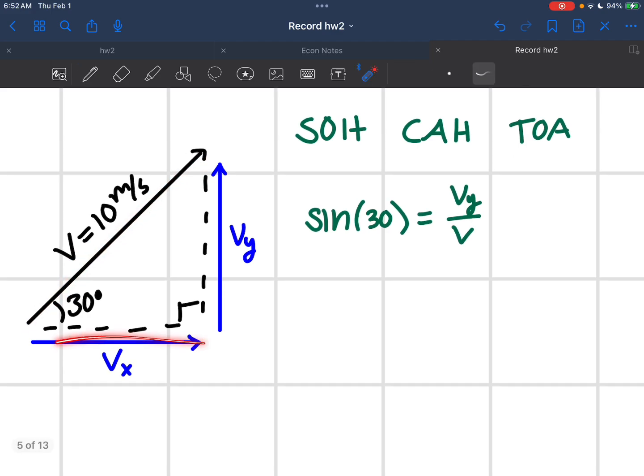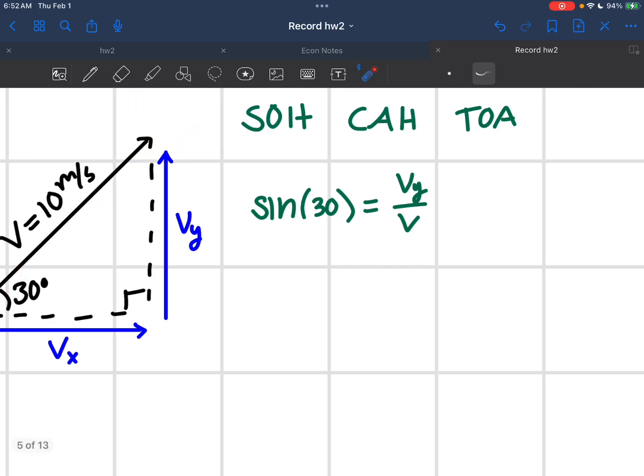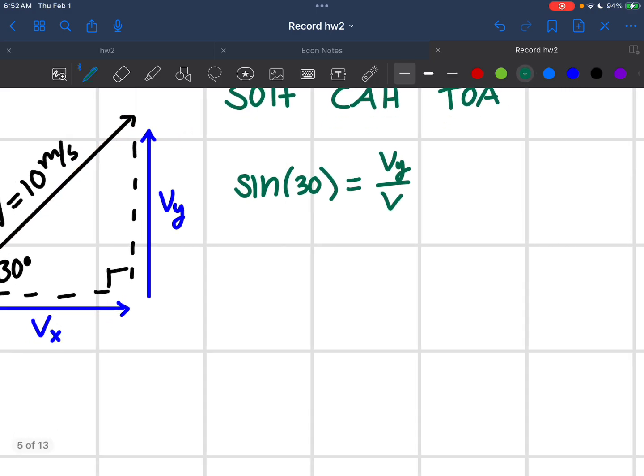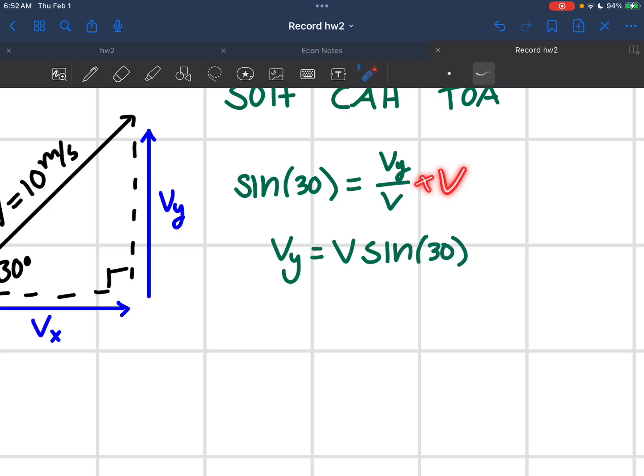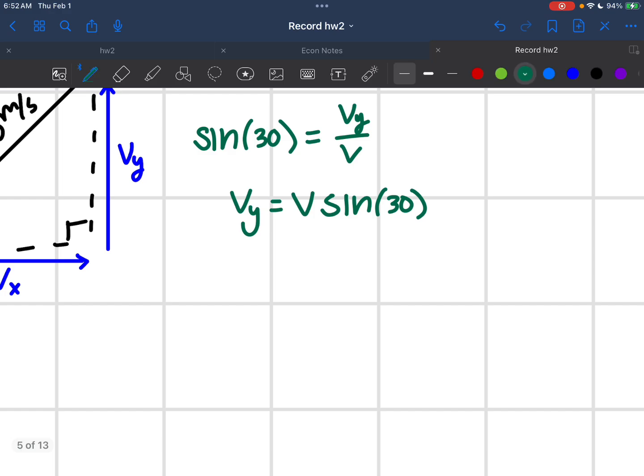And when I'm breaking things into components, I want to remember that the vector that I am breaking into components should always be the hypotenuse of my right triangle. Okay. So now that I have this all set up, I can solve this for Vy. So Vy will be V times sine of 30, because I just have to multiply both sides by V. And then I have my Vy component.